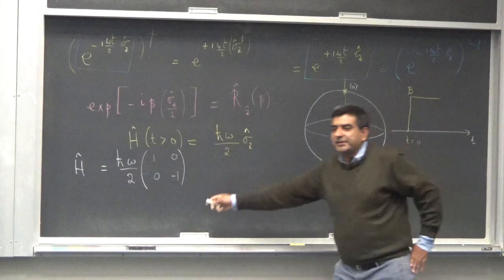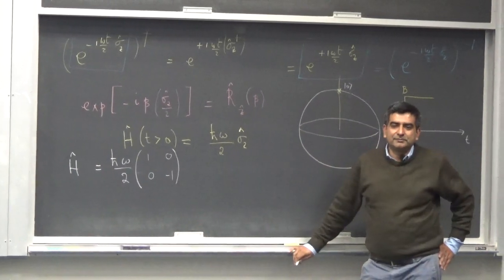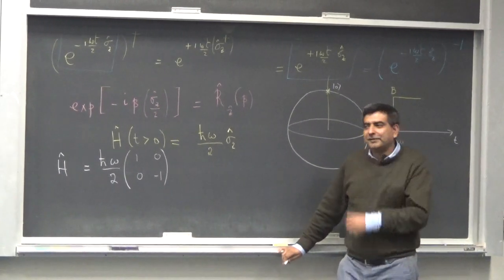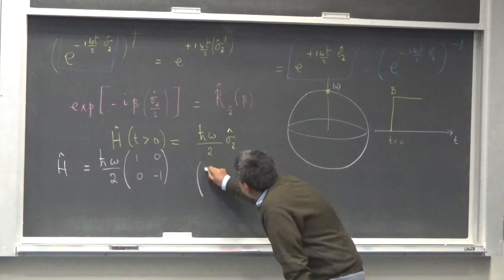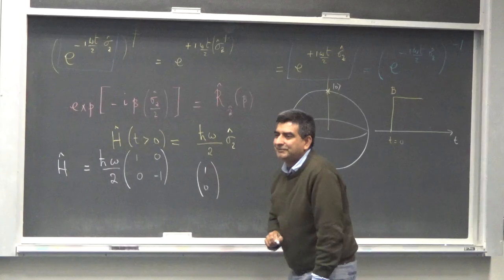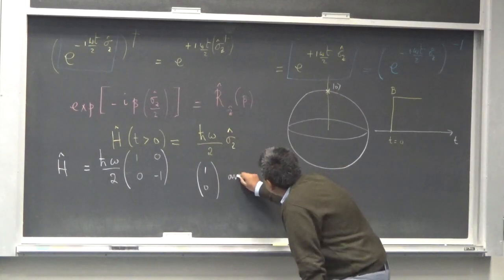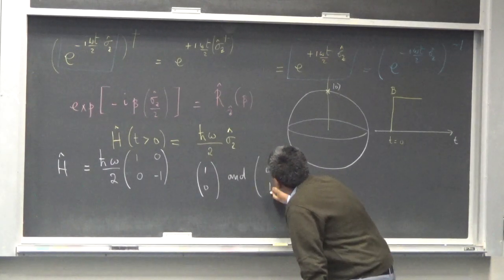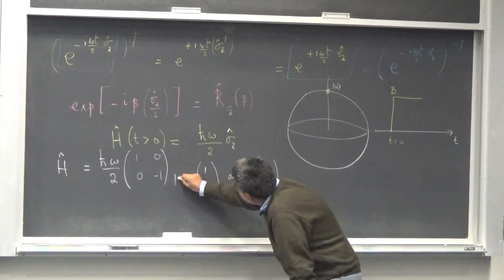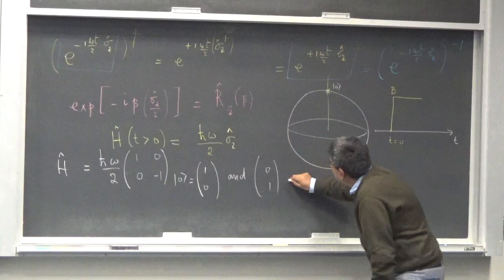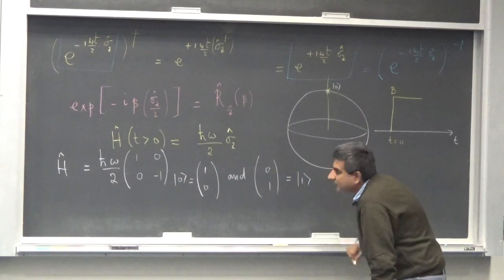So what are the eigenstates for this matrix? It has two eigenstates. One of them is (1, 0) and the other is (0, 1). So this is ket 0 and this is ket 1.